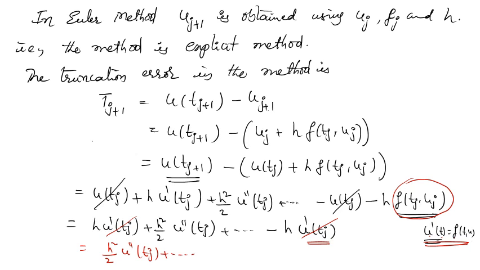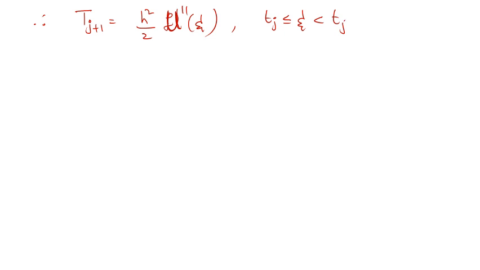Therefore, after truncating the terms, considering only this term, one can write u double dash of xi, where xi lies between tj and tj plus 1. Is that clear?